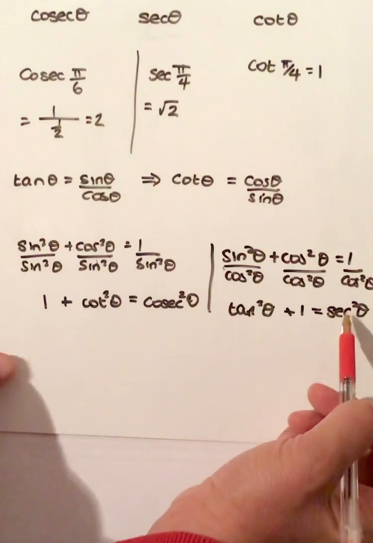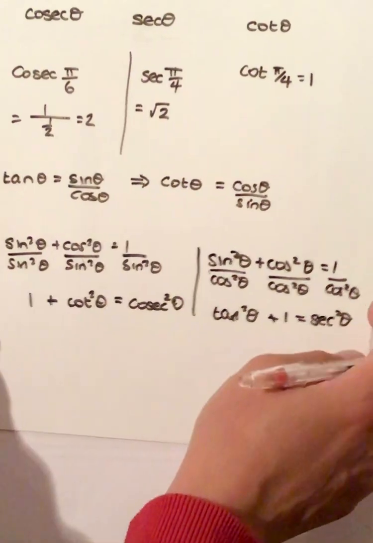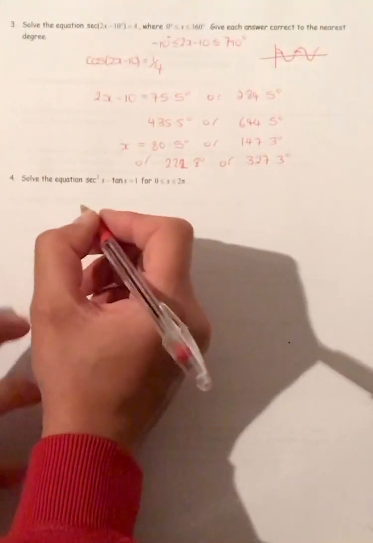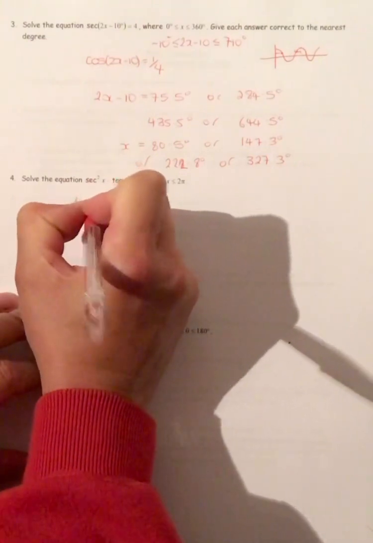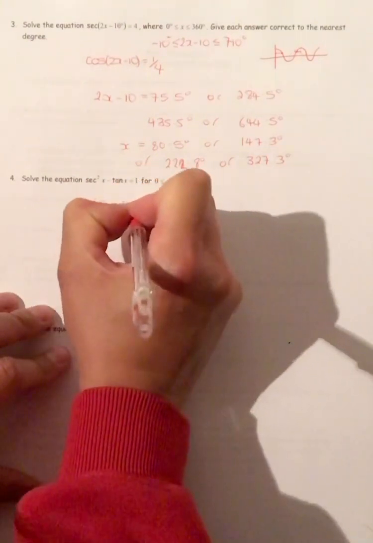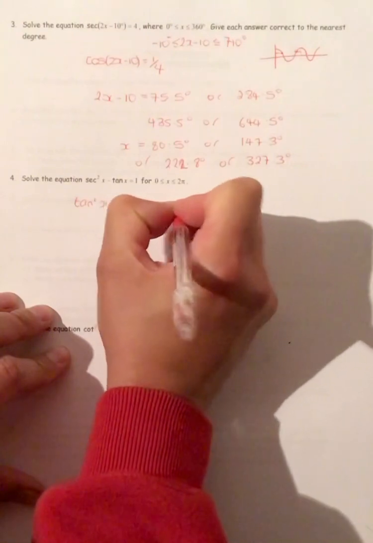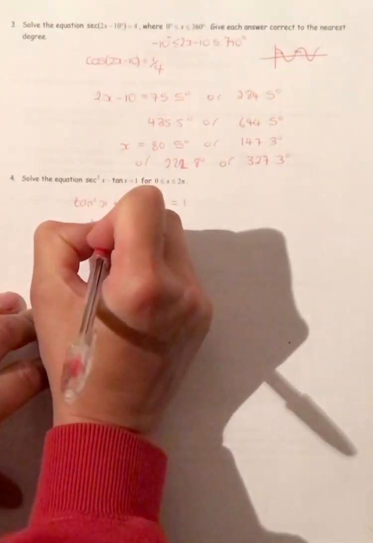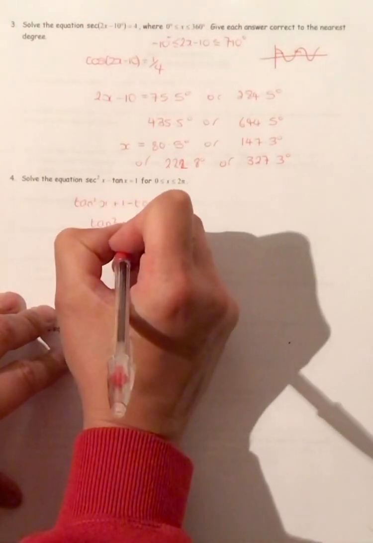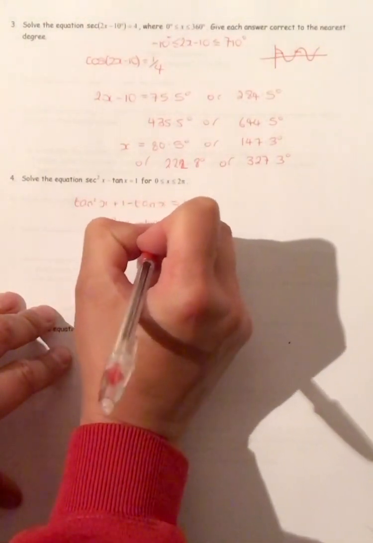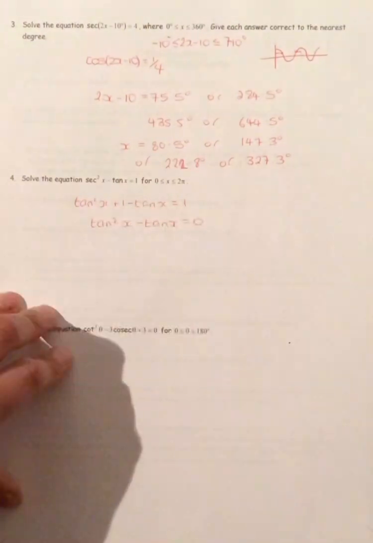So we're going to replace the sec squared x with tan squared x plus 1. So this is tan squared x plus 1 minus tan x equals 1. If I subtract 1 from both sides, that gives me tan squared x minus tan x equals 0.